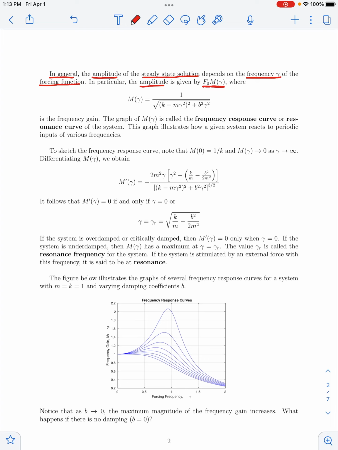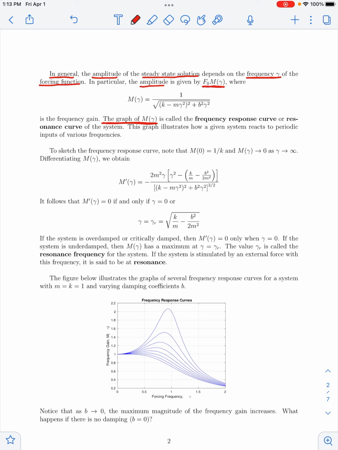So we can think of this gain factor as a function of gamma. And let's think about how this gain factor depends on gamma. So to see how this would depend on gamma, let's consider the graph of this gain factor, m of gamma.